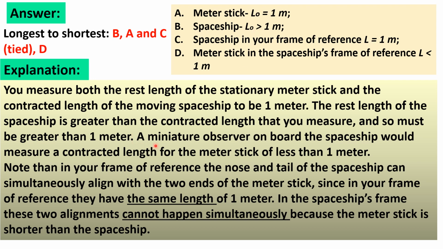Now, a miniature observer on board the spaceship would measure a contracted length for the meter stick of less than 1 meter.